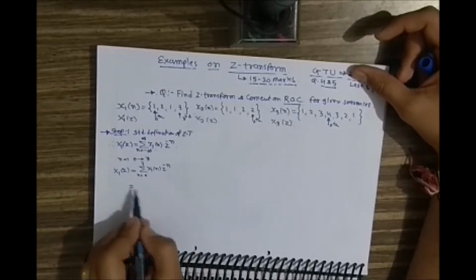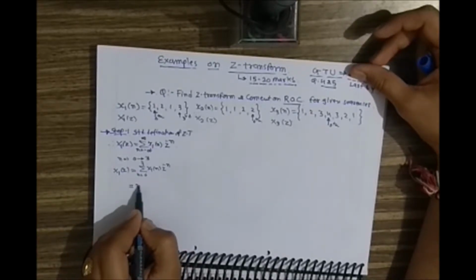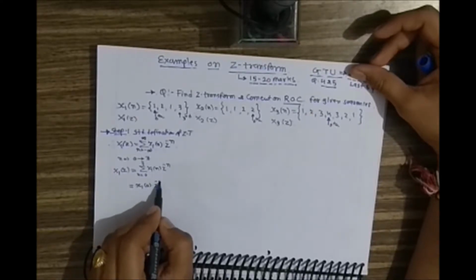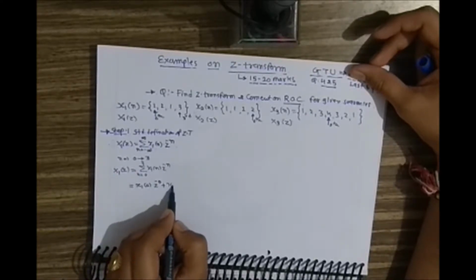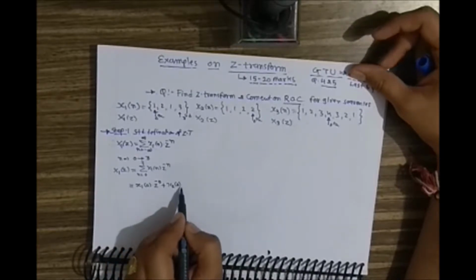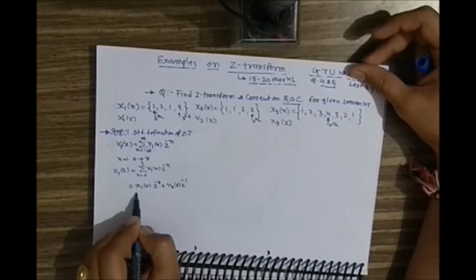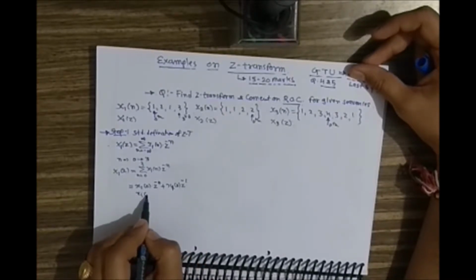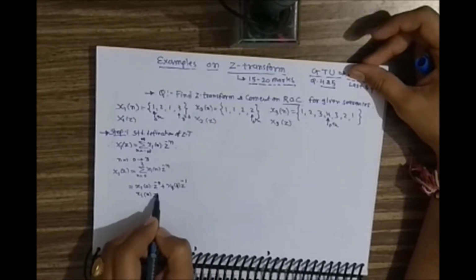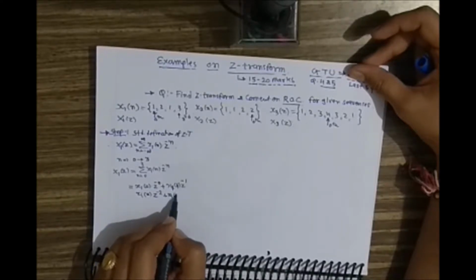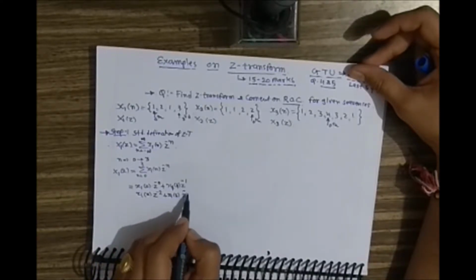So it is equal to x1 of 0 into z raised to minus 0 plus x1 of 1 into z raised to minus 1, then x1 of 2 z raised to minus 2 plus x1 of 3 z raised to minus 3.